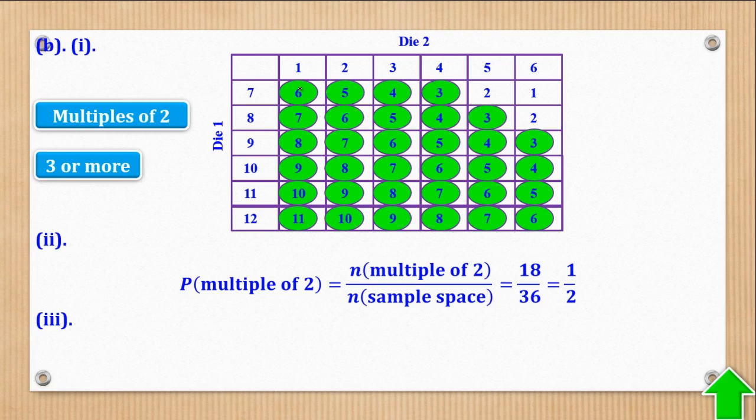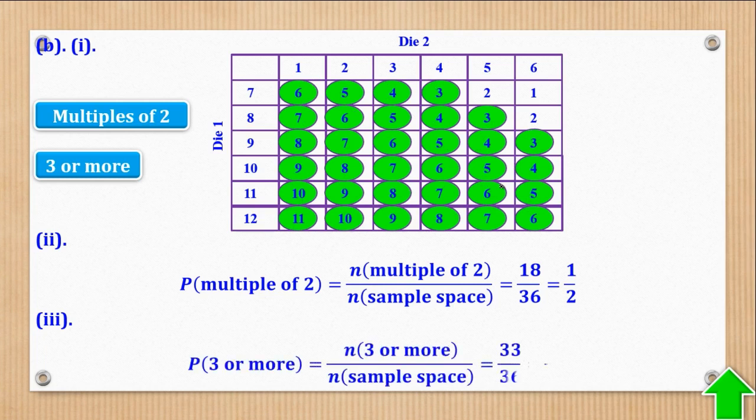Let's do column by column. 1, 2, 3, up to 33. Okay, so it will be 33 over the total, which is 36. And that's what they wanted.